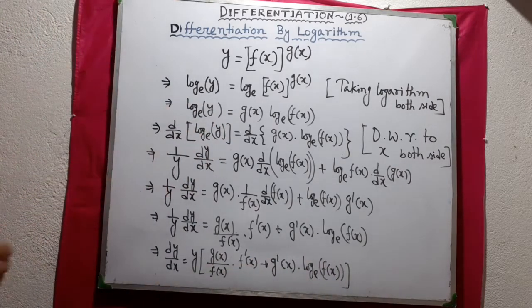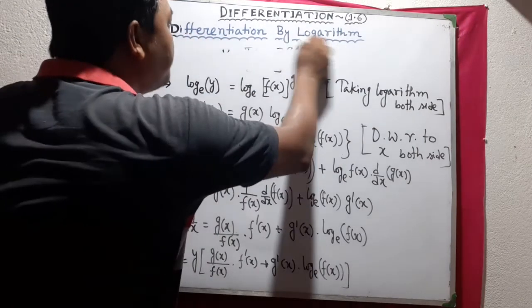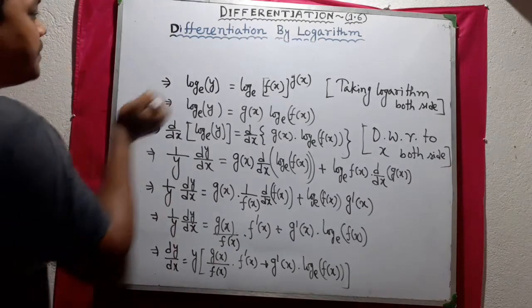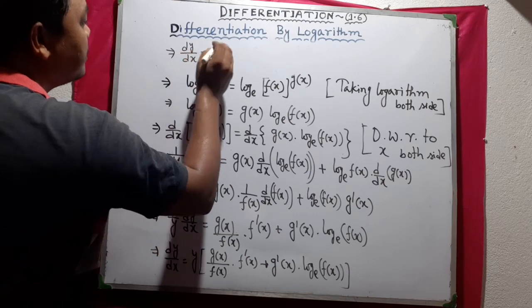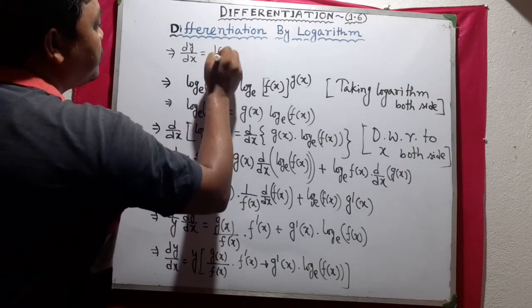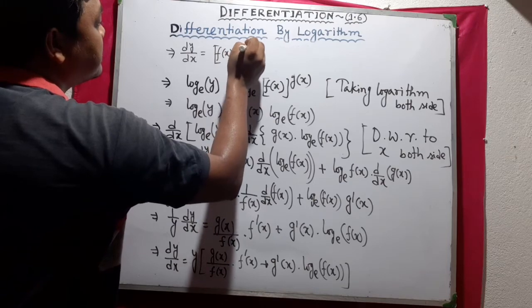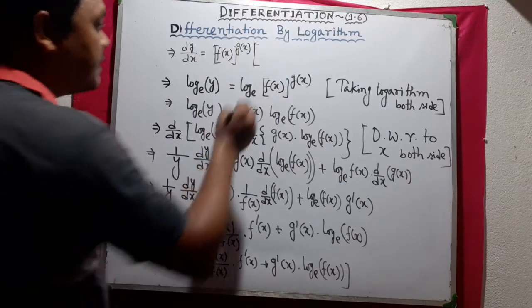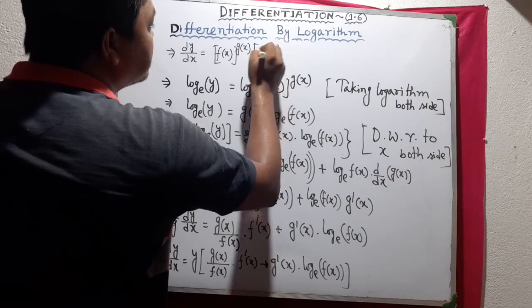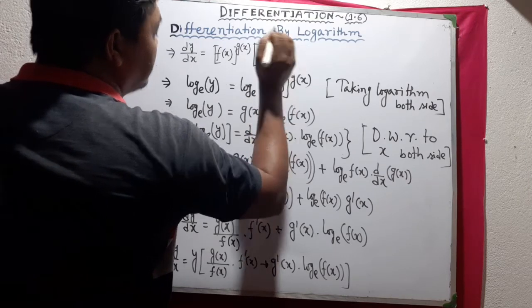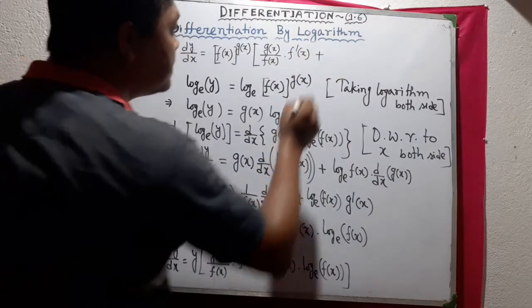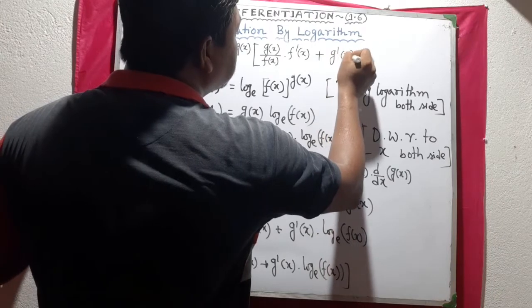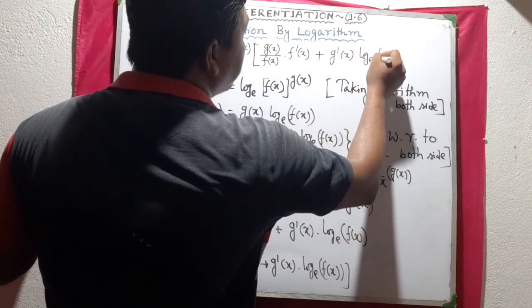And if we put the value of y, then we can easily write down the final derivative: dy/dx equals f(x) whole to the power g(x) into g(x) by f(x) into f dash x plus g dash x log base e f(x).